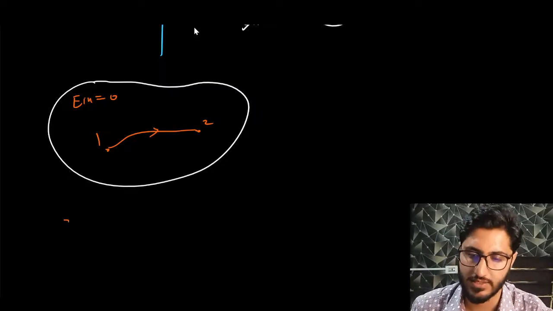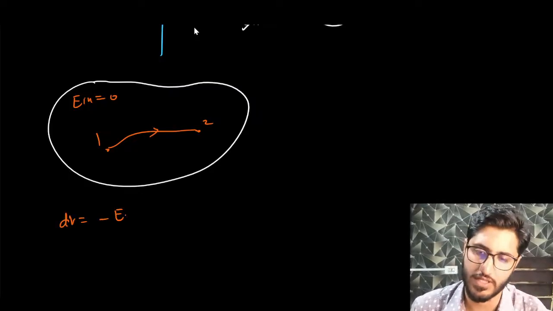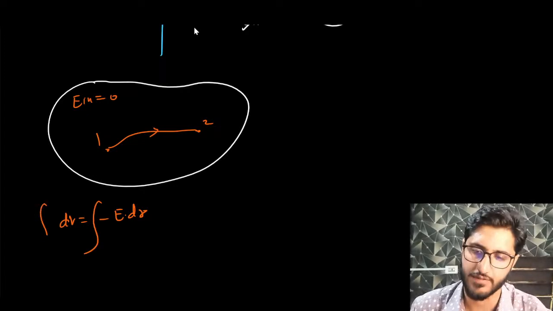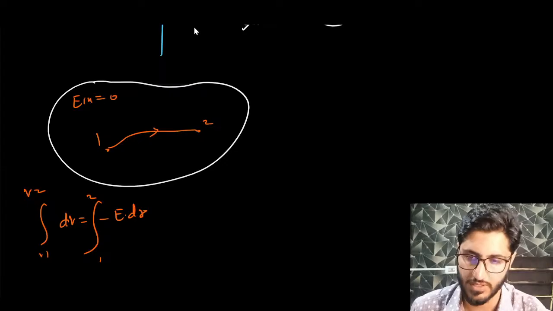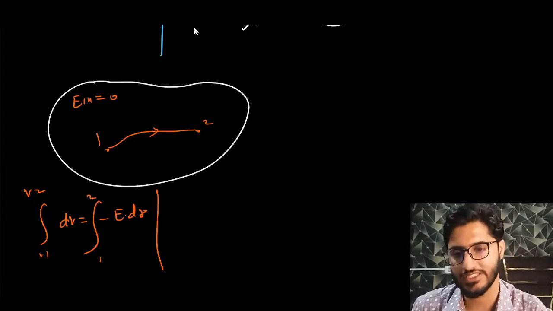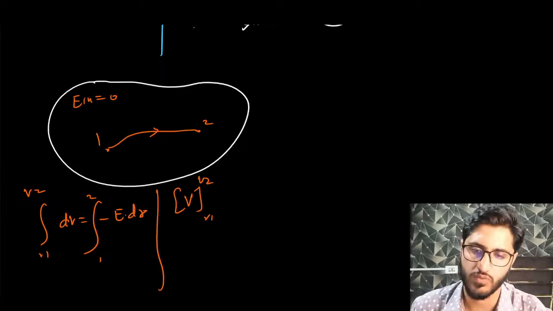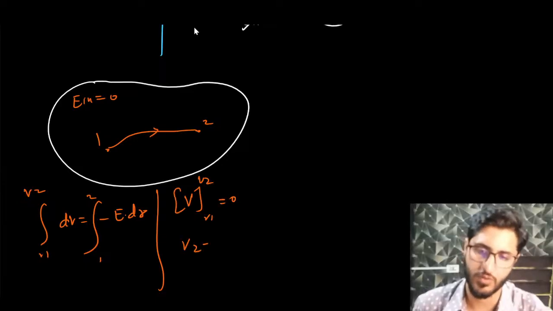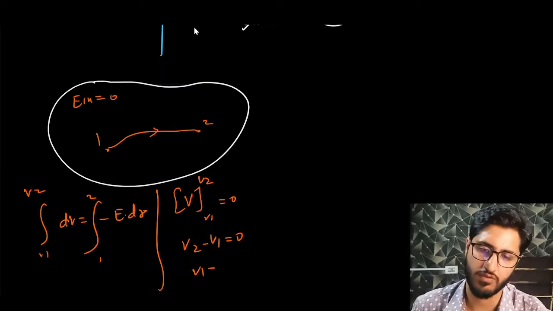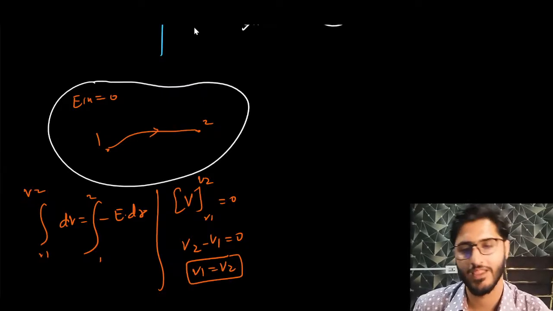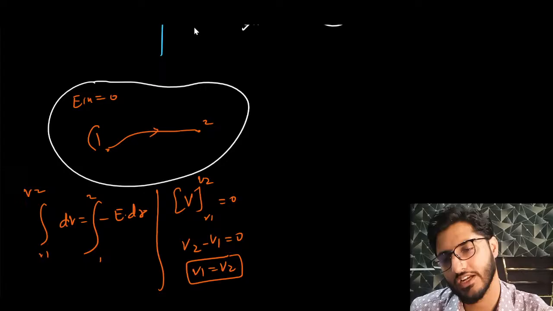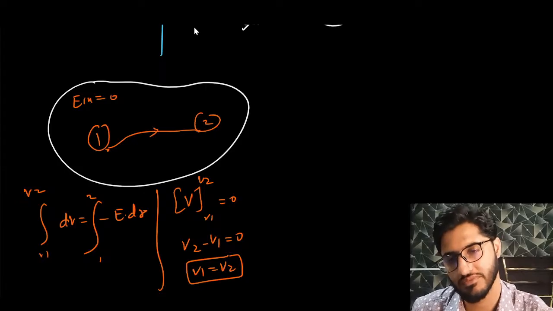We know that dV equals minus E dot dr, integrated from 1 to 2. Inside, E is 0, so V2 minus V1 equals 0. So V1 equals V2. The potential at point 1 and point 2 is the same, but E is 0.